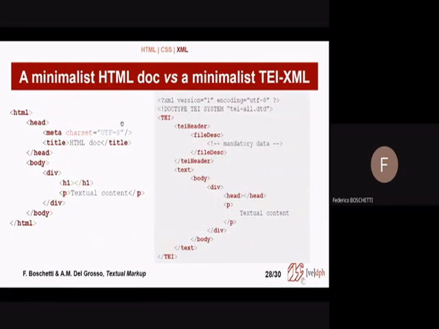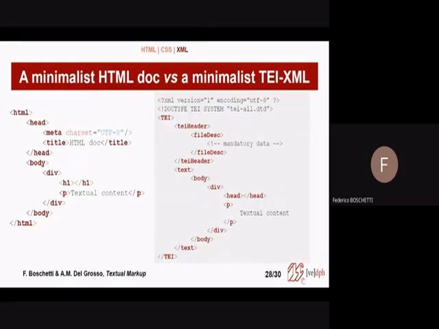Minimalist HTML document versus minimalist TEI XML is represented here. So here you see in an HTML document, you have HTML that is the root, and then you have a head that contains metadata, and the body that contains what is rendered on the screen. And here you have a minimalist TEI document.